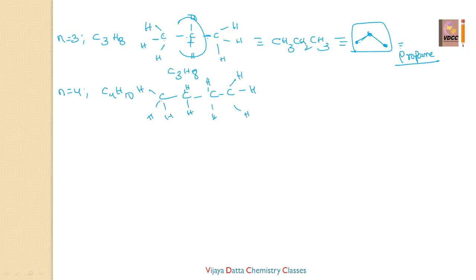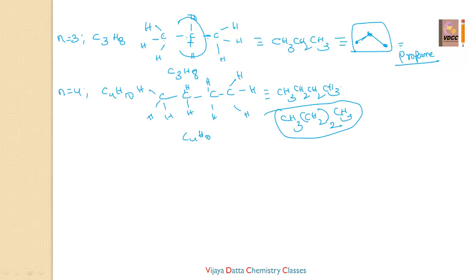So C4, and 3, 4, 5, 6, 7, 8, 9, 10 hydrogens. C4H10 was satisfied here. Then this one you can write as CH3, CH2, CH2, CH3. Otherwise you can write CH3, CH2 taken twice, CH3. This is also shortcut writing of the formula.